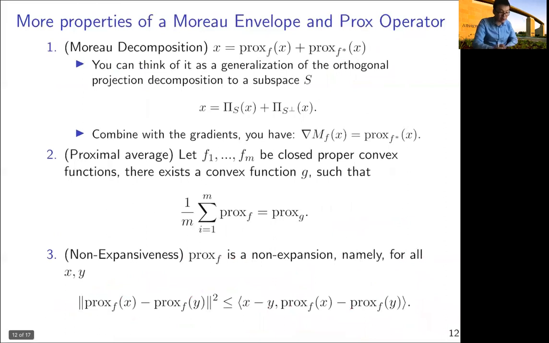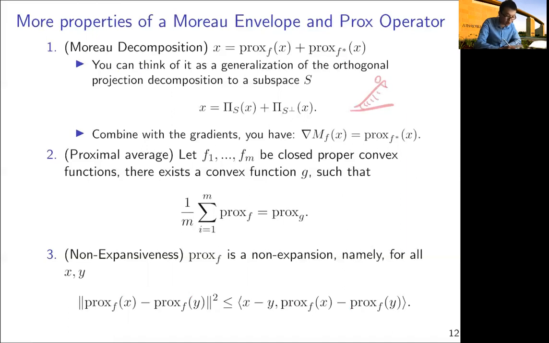There are even more interesting properties about the Moreau envelope and prox operators. The first is the so-called Moreau decomposition. You can think about it as a generalization of, say, the projection of a vector into a subspace and its corresponding orthogonal complement subspace. We've done this many times when we learned physics.